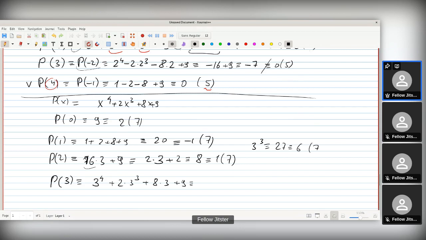It is 6. Or just minus 1 modulus 7. Do you agree? Yeah. So, what is it? Here we have 3 multiplied by minus 1, minus 2, plus 2 multiplied by minus 1, minus 2, plus 8 multiplied by 3, 8 is 1, plus 3, and here we have 9, that is 2. Ha! What is it? 0. So it is a solution.